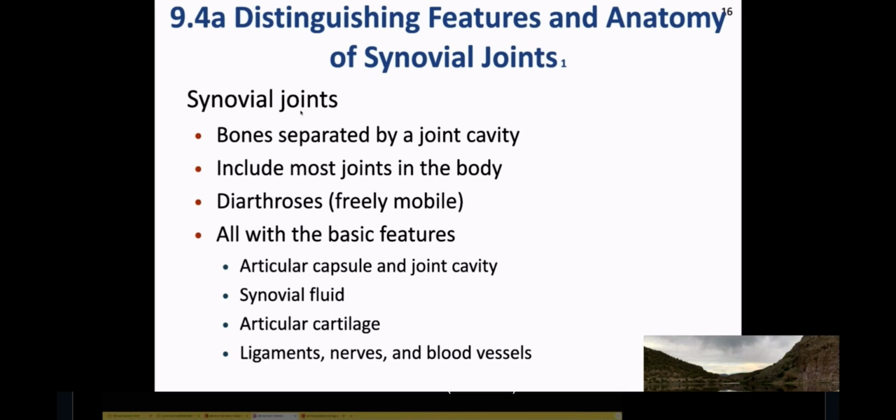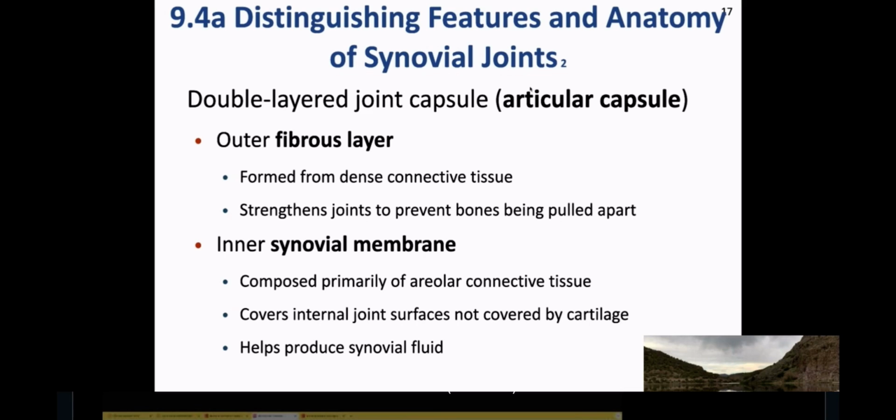But most importantly, synovial joints are famous, or their key distinction is there's always an articular capsule, something wrapping around the joint, and a cavity, a joint cavity inside the joint. When we look at that capsule, we're going to see when we get to the pictures that there's actually 2 layers.